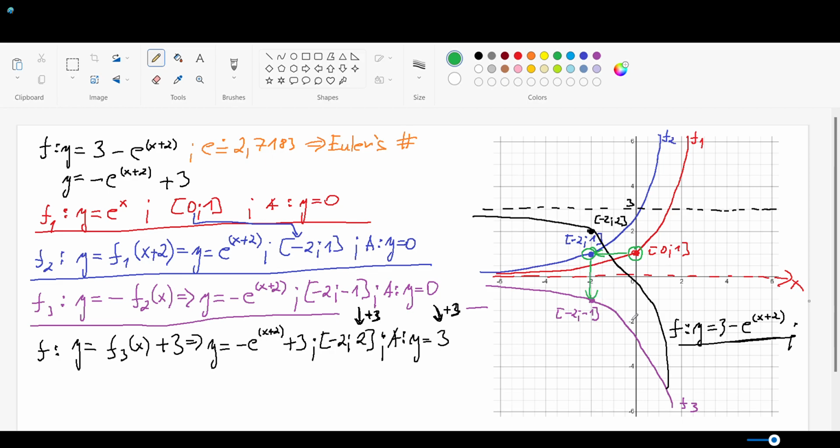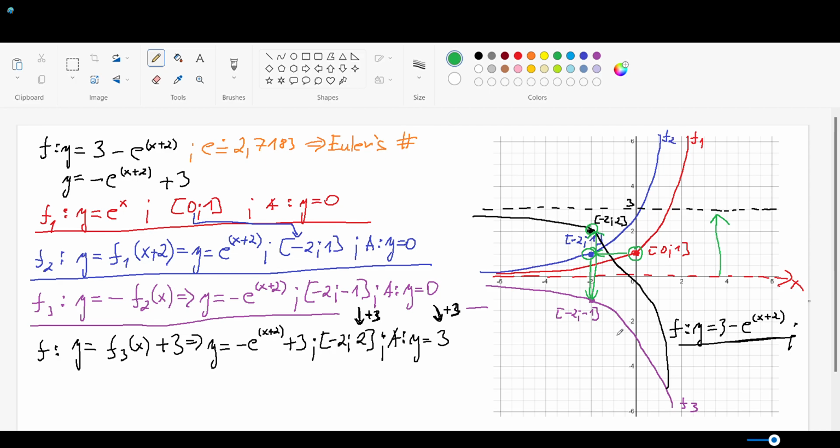Then we flipped it over the x-axis, and with the last transformation, which is hard to show here, my point was moved 3 units up, so its journey ended here. The only transformation of the asymptote was traveling 3 units up. So this is basically everything.